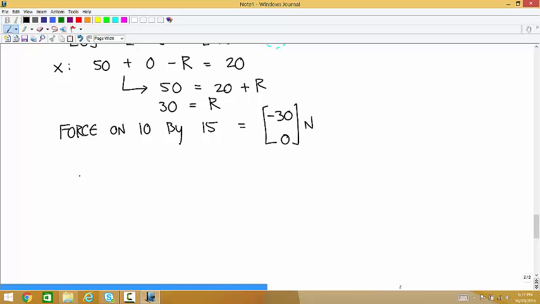Okay, so the next thing we have to talk about is free body diagrams. I'm going to abbreviate that as FBDs.